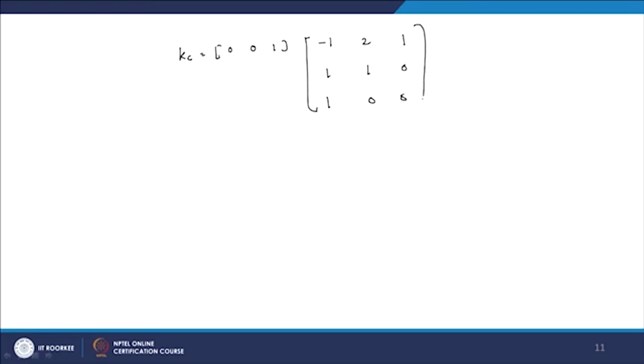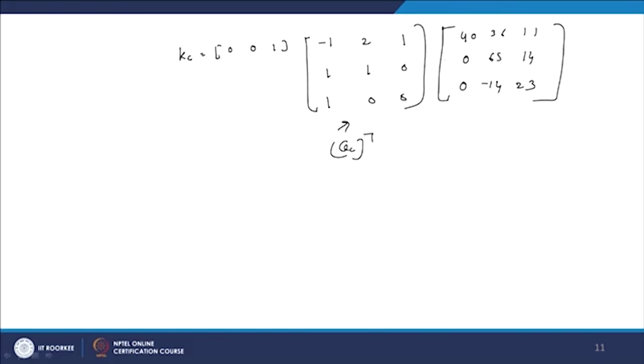This is basically your Qc inverse, and this phi of A we can write as 40 36 11, 0 65 14, 0 minus 14 23.